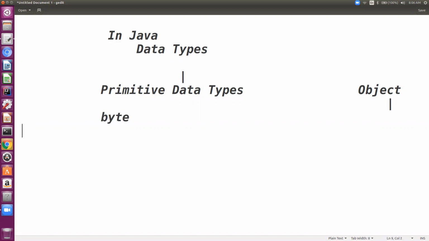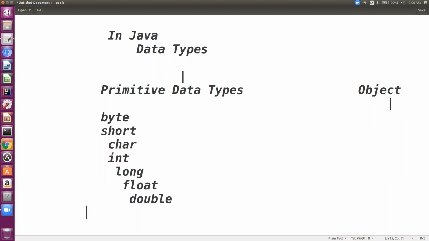byte, short, char, int, long, float, double, and boolean.